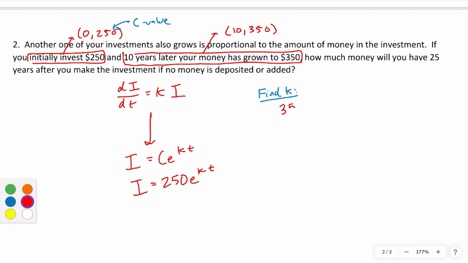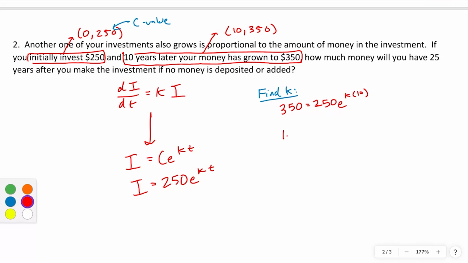So 350 equals 250 times e to the k times 10. And we'll solve this basically exactly like we did on the last problem. Divide both sides by 250. 3.5 divided by 2.5 is 1.4.